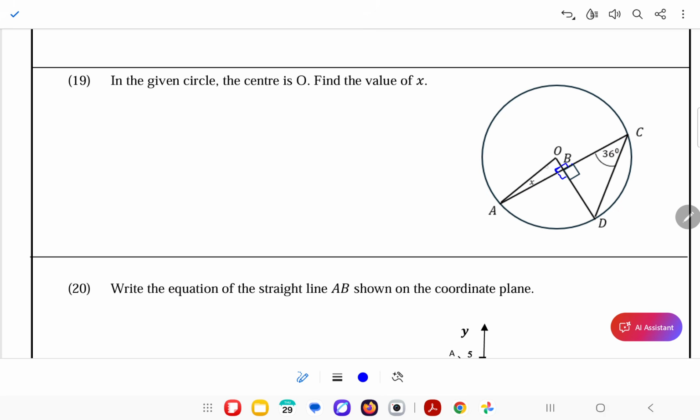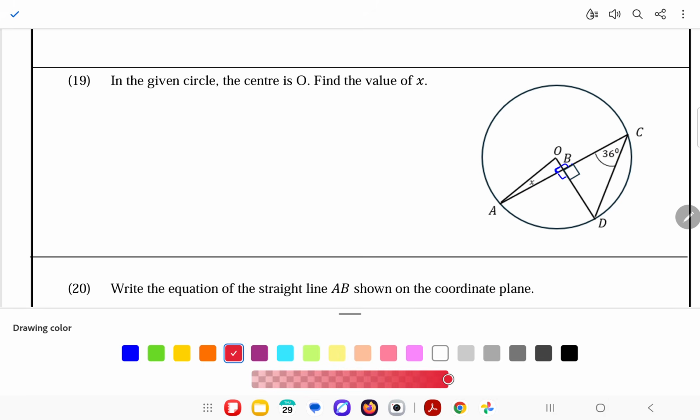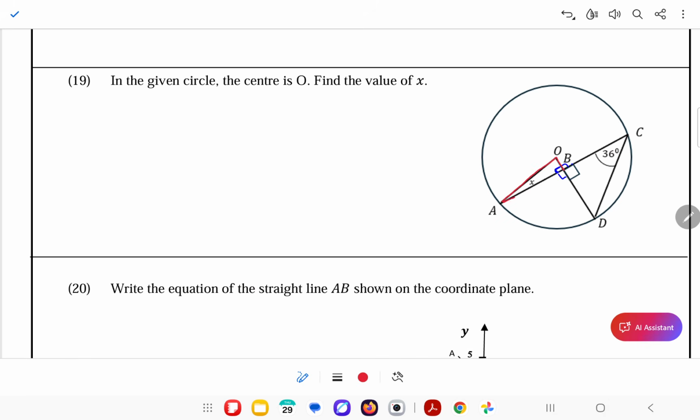So if we can find A or D, then we can find x using this right angle triangle, because we know one angle is 90, the other one is x. If we can find angle A or D, this question is done, right?